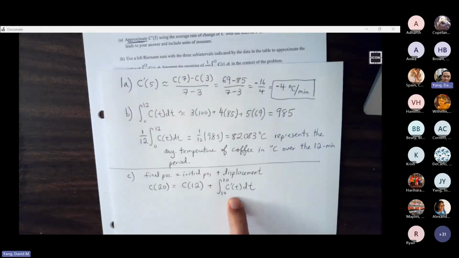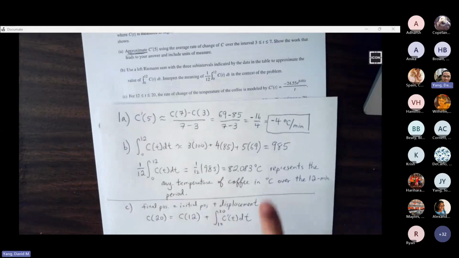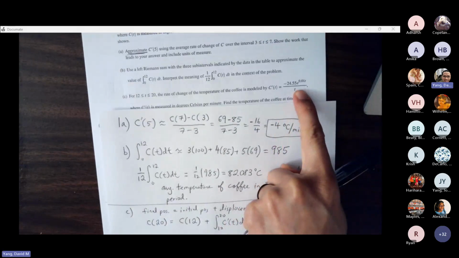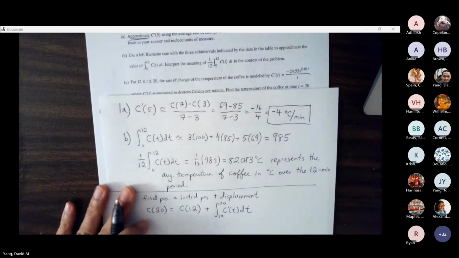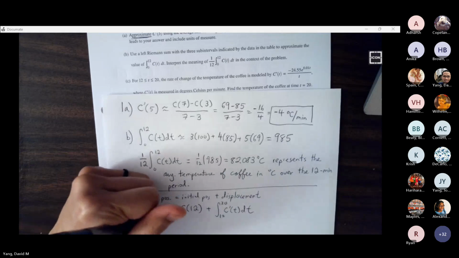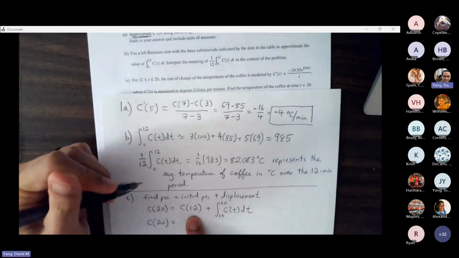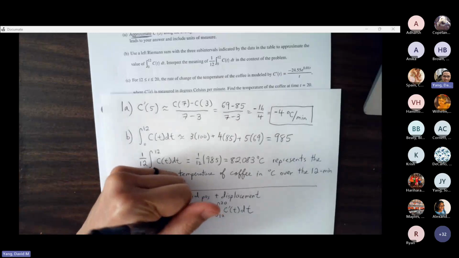Okay, so use your calculator here, math 9 from 12 to 20, and then plug in your C prime in your calculator. And we know that at the 12th minute, temperature is 55 degrees.